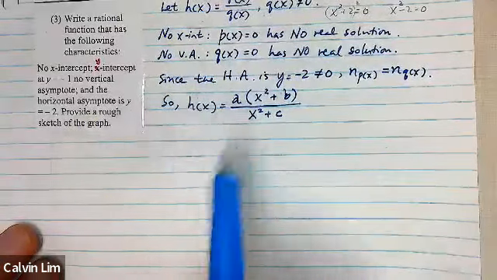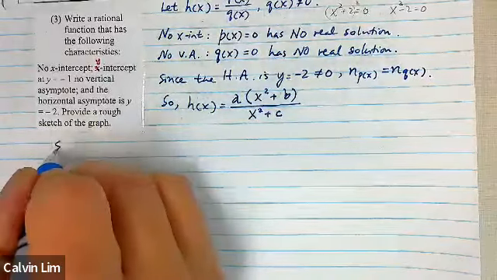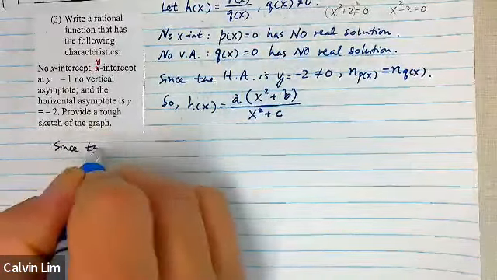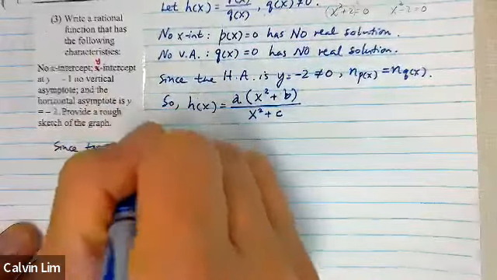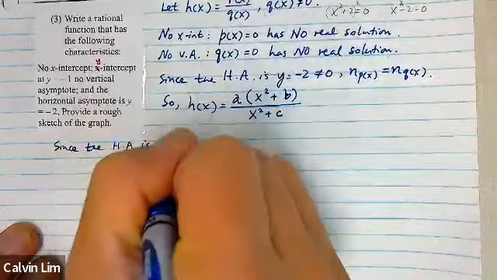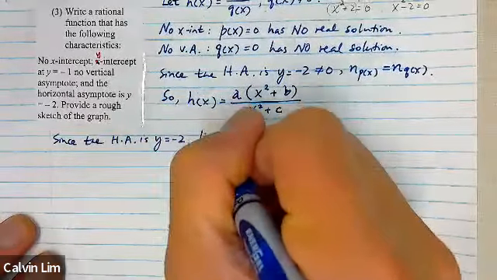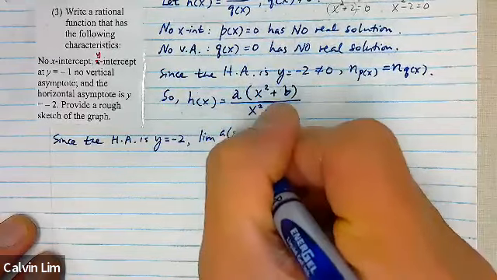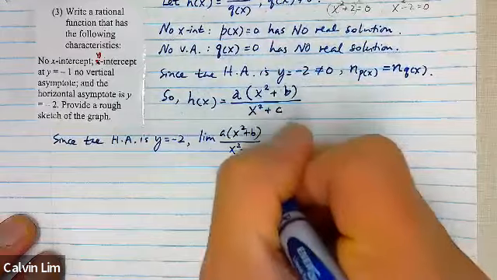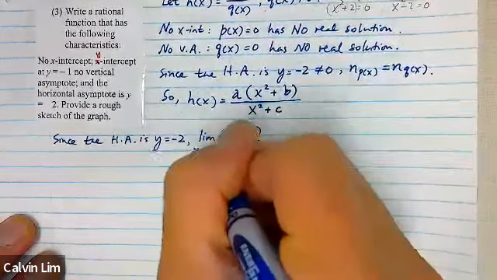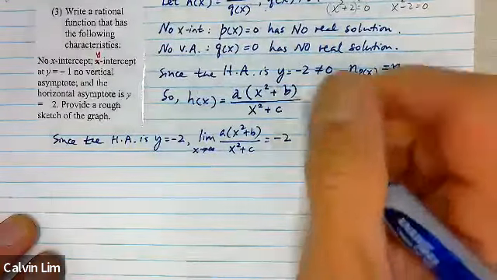The HA. Since the HA is y equals -2, the limit of (a x squared plus b) over (x squared plus c) as x approaches infinity equals -2.